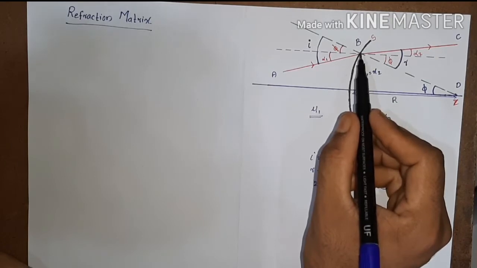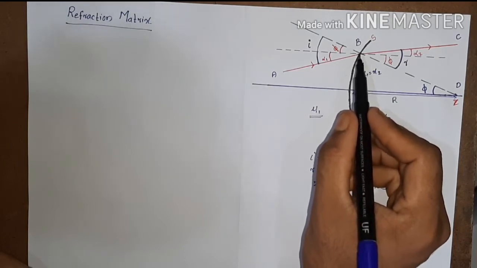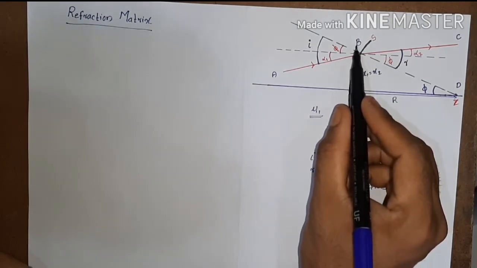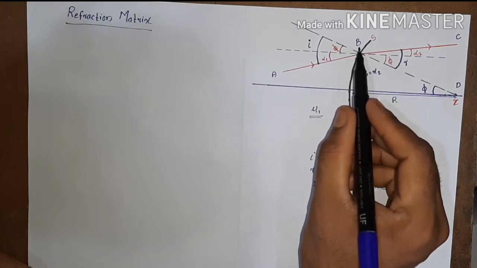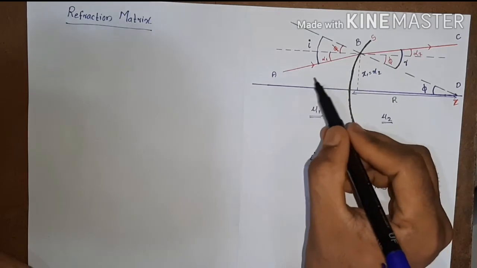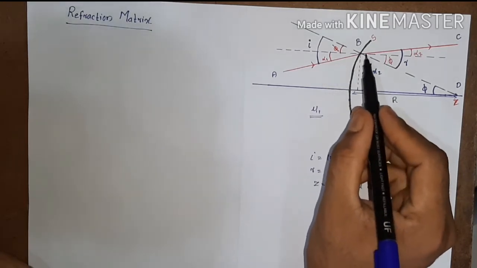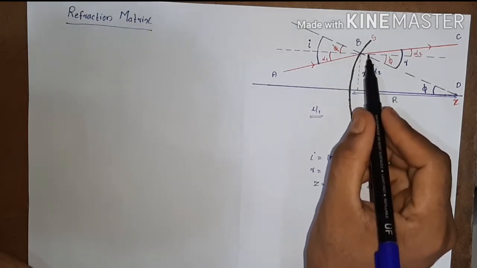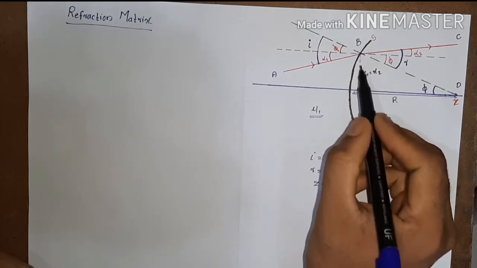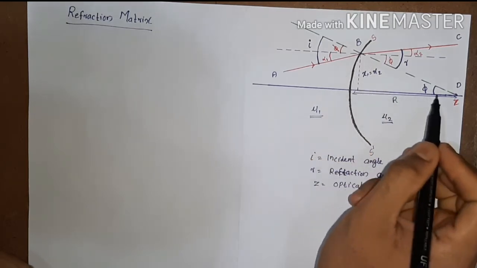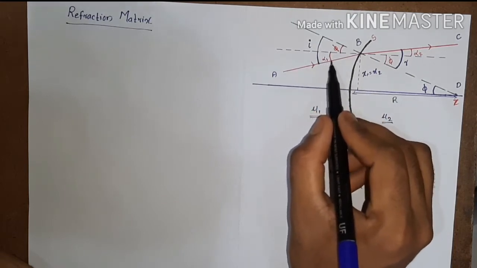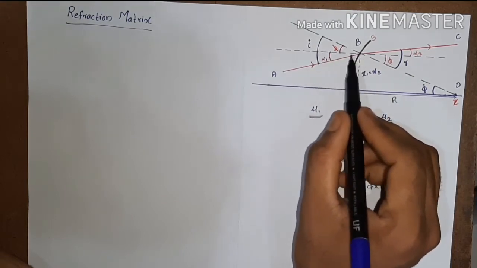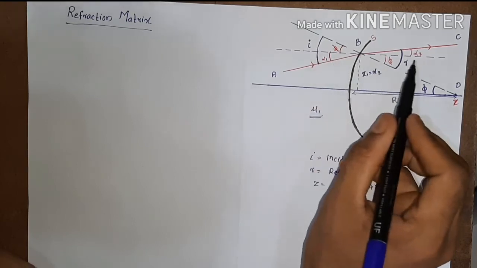Now for obtaining the matrix of refraction, I have to represent these points with respect to our specified coordinates. The coordinates of any point on a light ray in an optical system are represented by two quantities. One is the vertical distance from the optical axis, and the other is the angle made by the light ray at that point with respect to the optical axis.